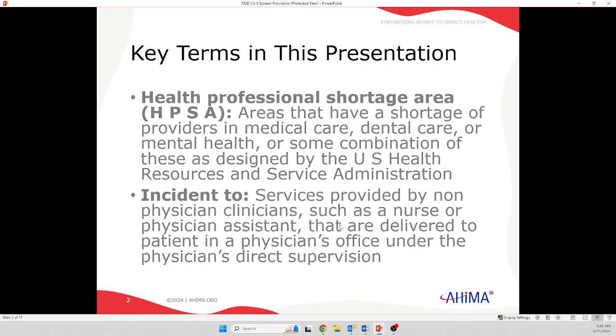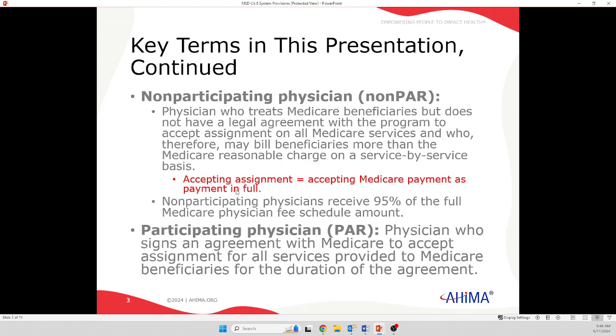And this is our systems. This is that HPSA. That's for those doctors that get that incentive because they're in an area with decreased providers. Here's that term incident to and non-incident to. Remember that there's a difference in the amount that they pay. Non-participating and participating.